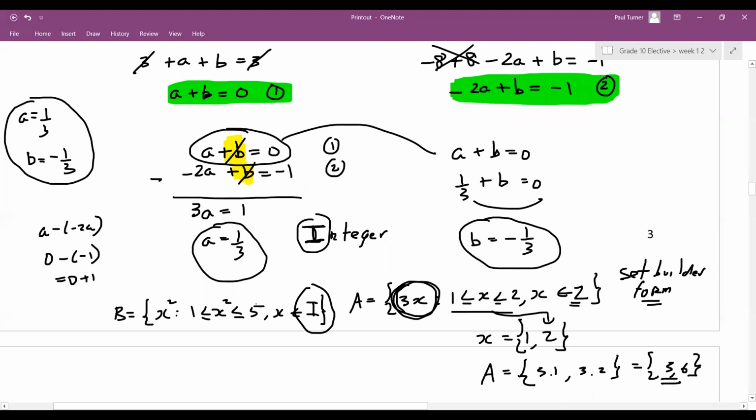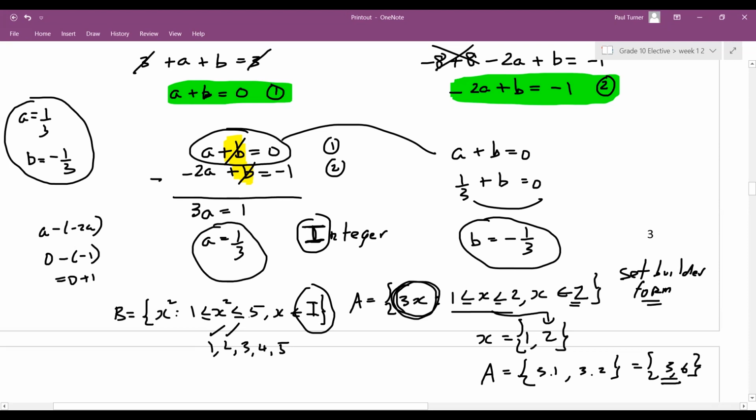Okay. So if your first value is 1, so x would be 1 to 5, right? So when you square the number, they have to be between 1 and 5. 1 squared is 1. That's okay. 2 squared is 4.